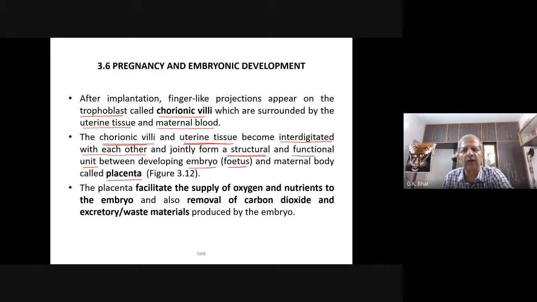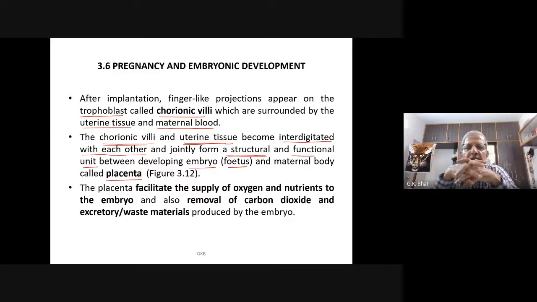This is the definition with regard to the placenta. Placenta is a structural and functional unit present between the fetus and the maternal tissue, and it is formed of the chorionic villi of the fetus and that of the uterine tissue of the mother.